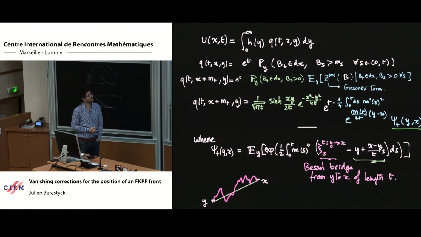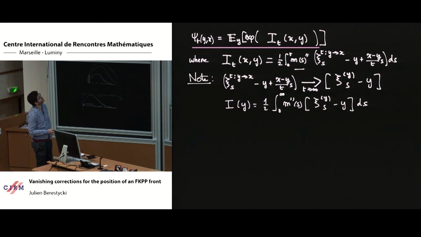Now what I need to do is be able to compute this kind of expectation. This is a special way of writing this expression: I take my Bessel bridge and I subtract the line from y to x. It's going to be useful further down the line.